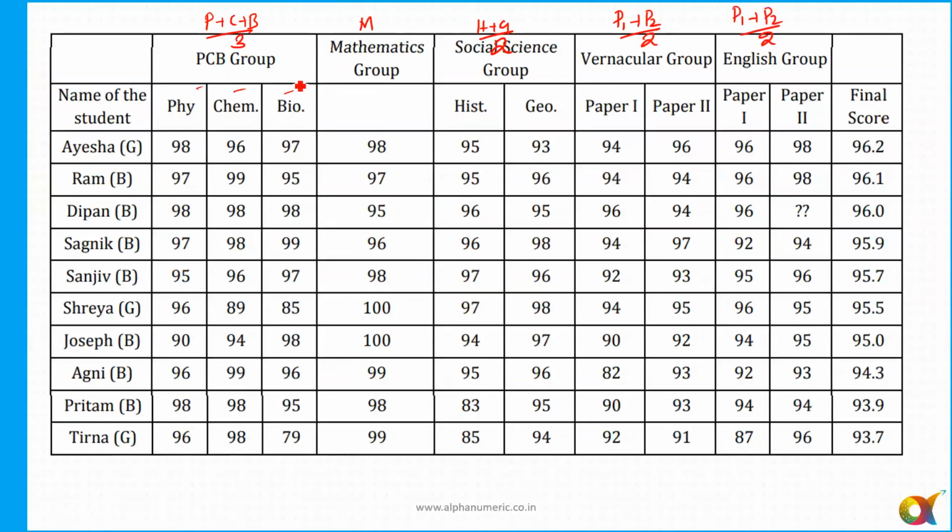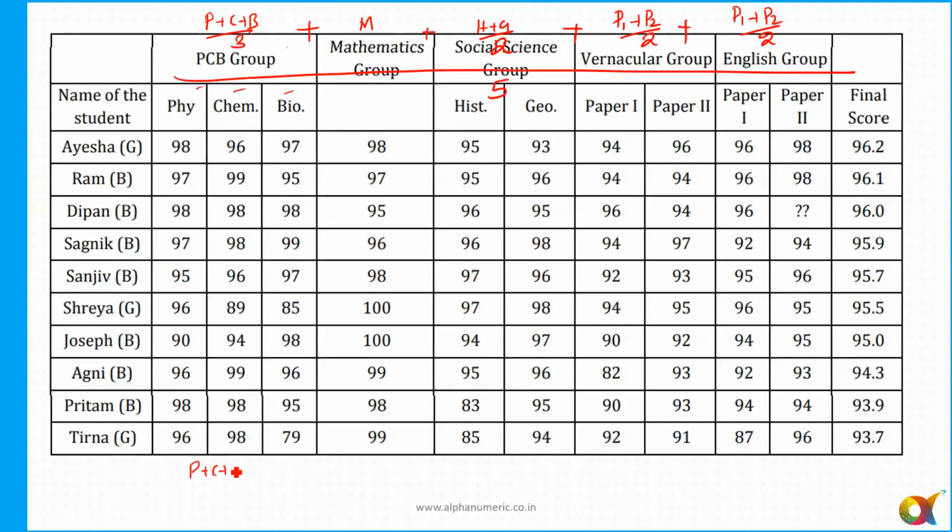And then I need to calculate the average for the final score. So what is the final score? I just need to add all of these with plus signs, and then divide by 5. If I divide this entire expression by 5, what do I get?